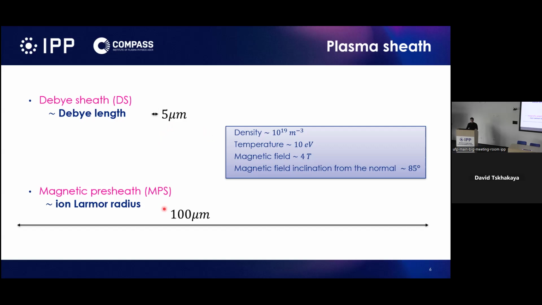So if we want to really simulate the sheath, it should be sufficient to choose just a few millimeters. If we want to have both sheaths on both sides, plus some source region, we could suffice with about a 1 centimeter system.